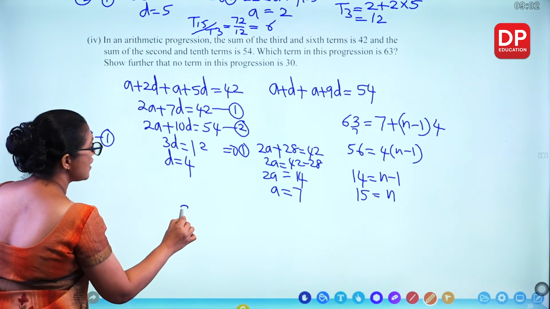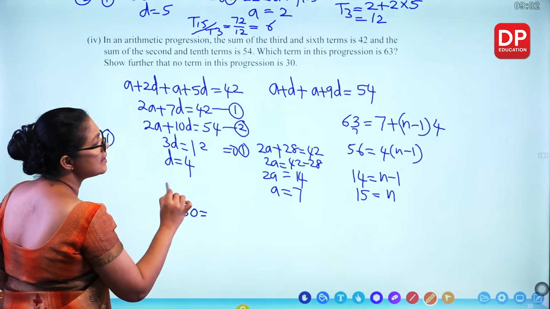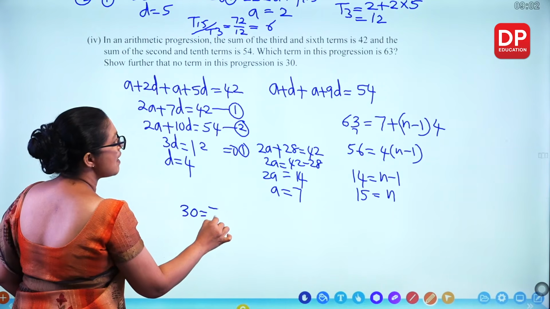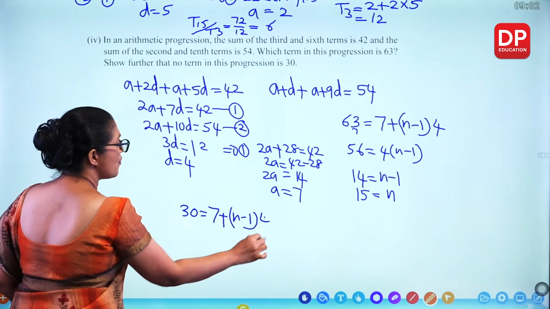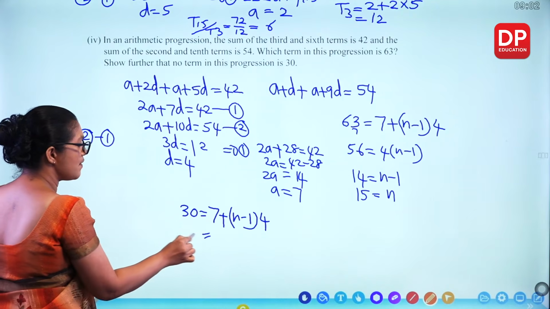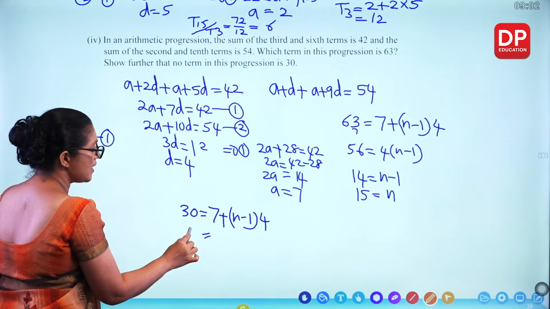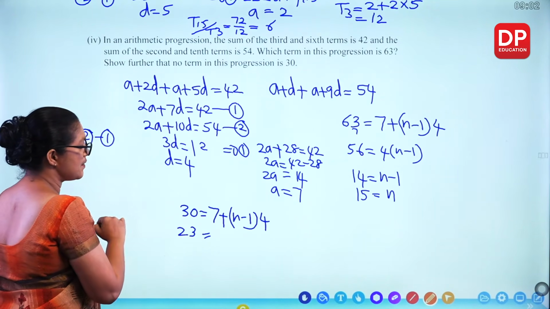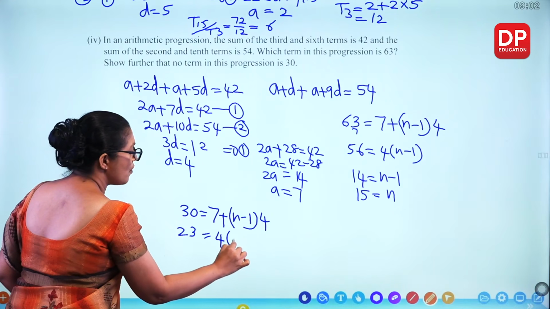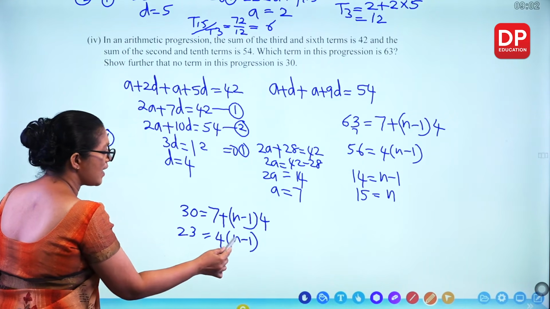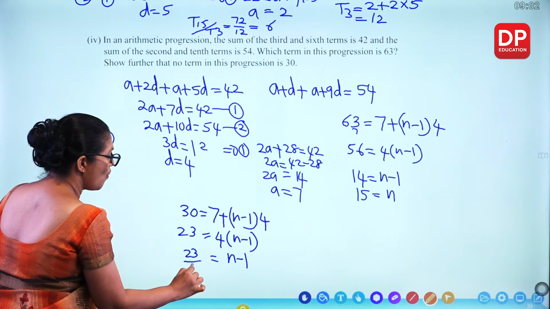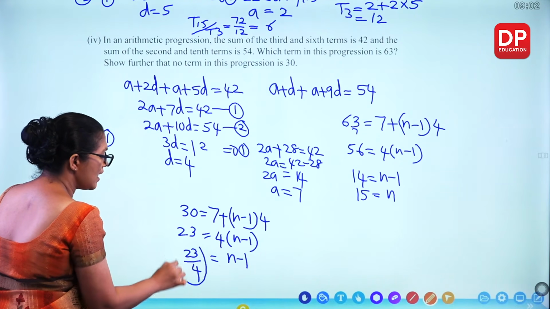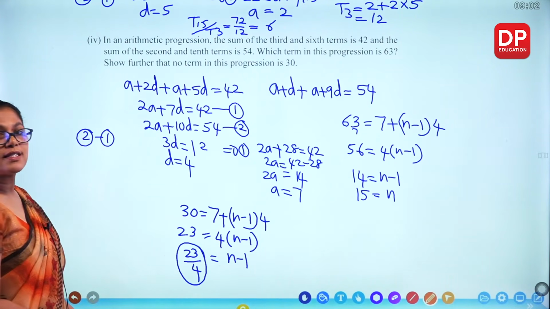Now we'll check 30. 30 equals, first term is 7 and d equals 4. When you subtract 7 from 30, what do you get? 23. So 4 times n minus 1. Now you can see n minus 1 is 23 over 4. So here it's not divisible.